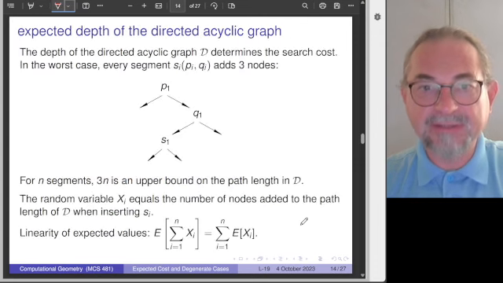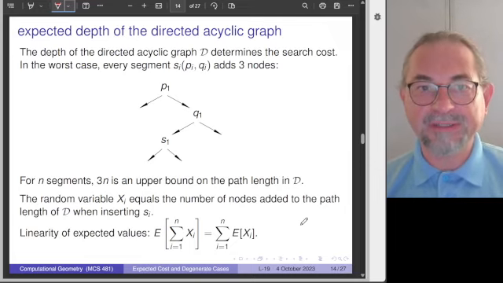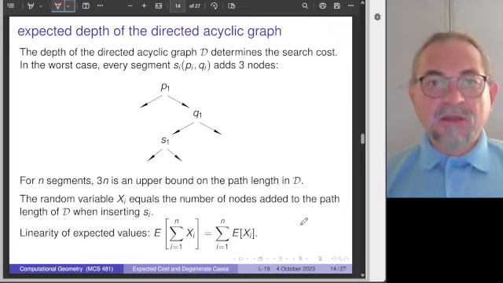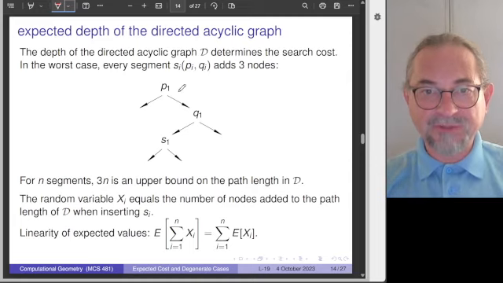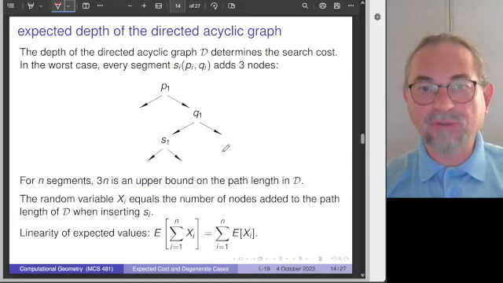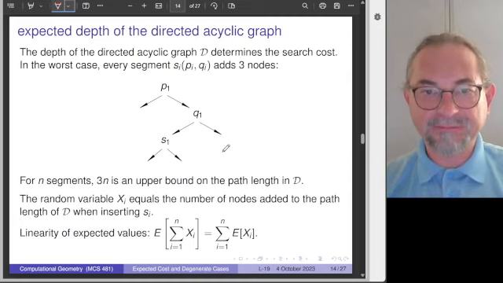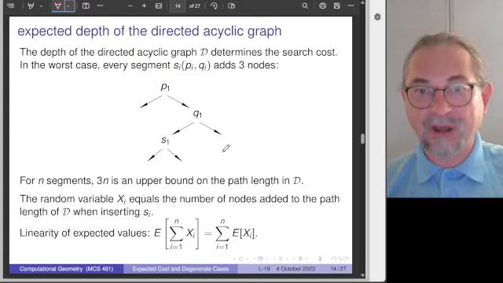Let me elaborate a little bit on this because there are things that are definitely at this point not clear. So when you have to replace a trapezoid, we have this, and actually I should have changed this into i instead of ones. So in the worst case, you have 3 nodes that are added with every segment. Therefore, 3n is an upper bound on the path length.